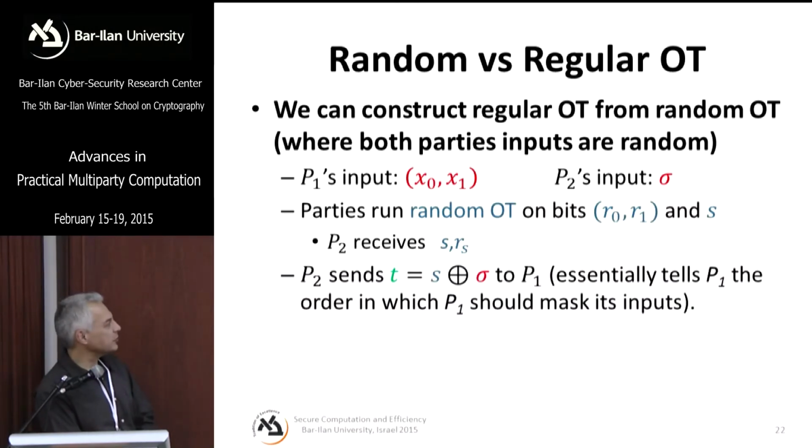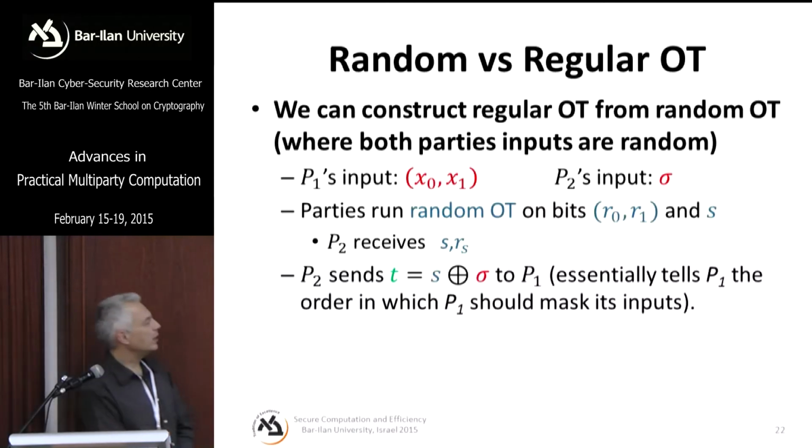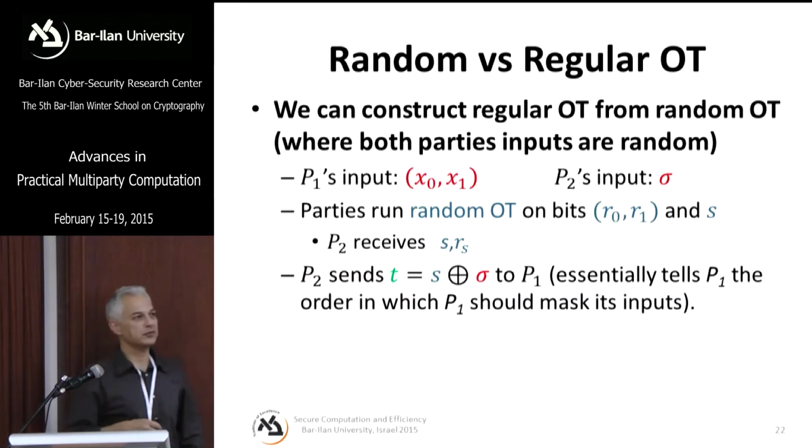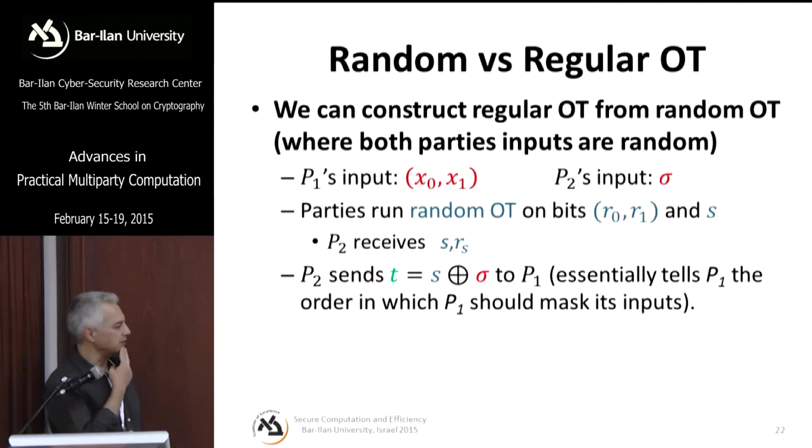So this XOR is 0 if P2 was lucky and learned in the random OT the exact index it wants to learn in the regular OT. And T is 1 if P2 learned in the random OT the other value, not the one he wants to learn in the regular OT, but the value with the other index.